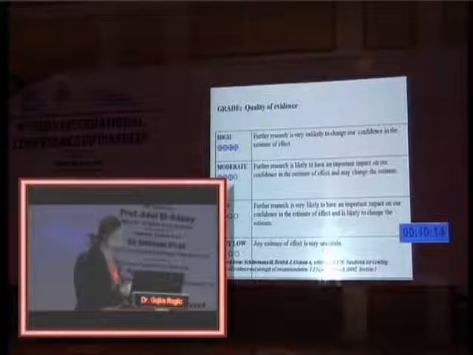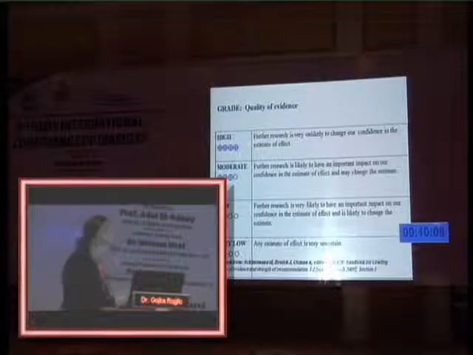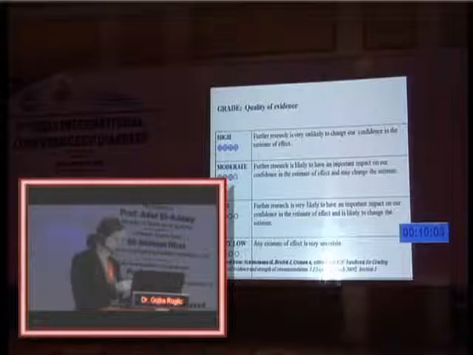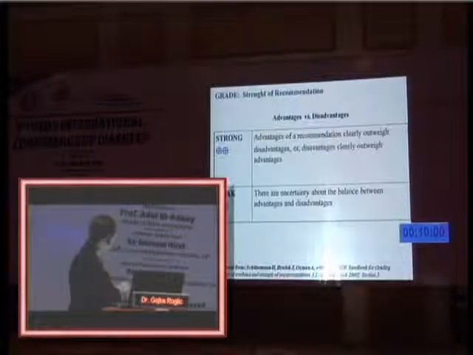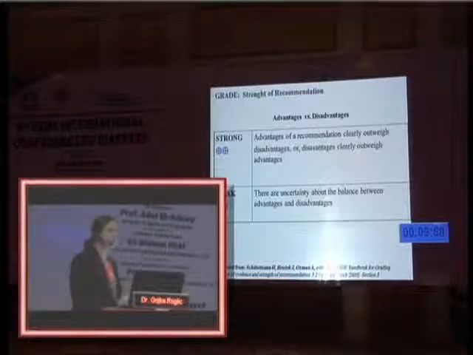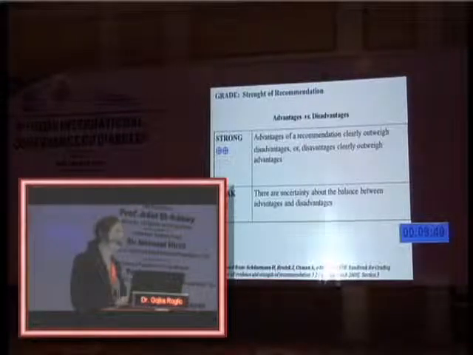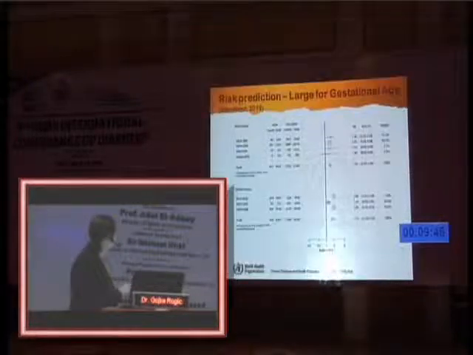In this system, the quality of evidence is graded as high, moderate, low, and very low, based on the characteristics of the studies that you find for the question that you are asking. And then for formulating the recommendations, you say it's either a strong recommendation or a weak recommendation, either for an intervention or against an intervention.